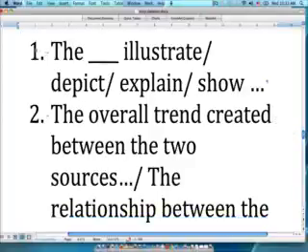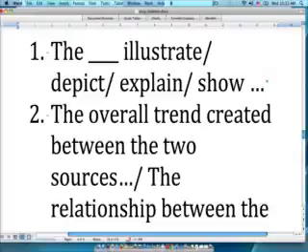Next to each number, I've put some suggested sentence starters, or even small parts of a sentence that you can use to help explain the data that you are talking about. Of course, you don't have to use these phrases, but these are just a few of the suggestions that I will share with you today.